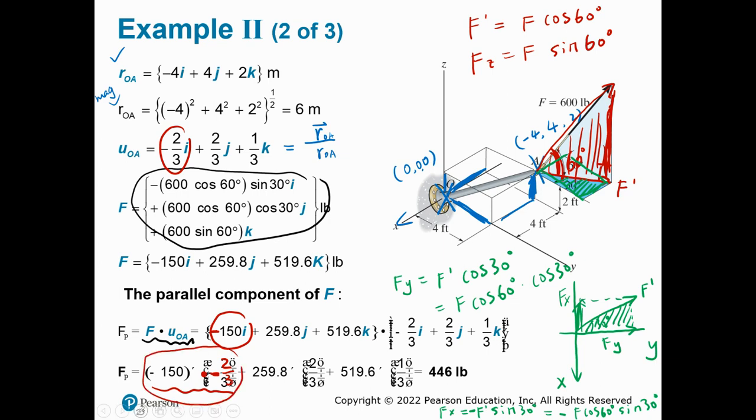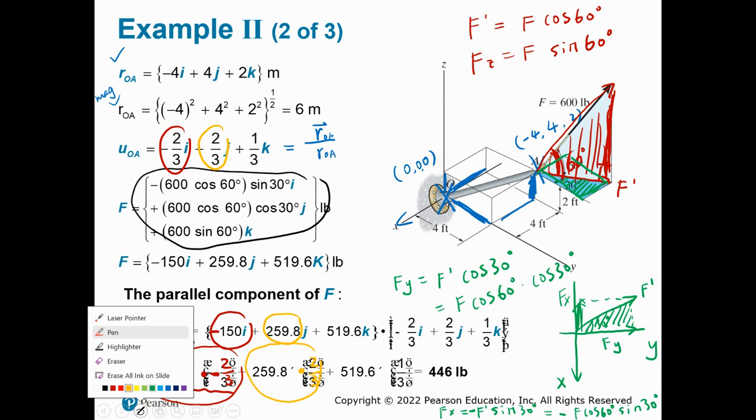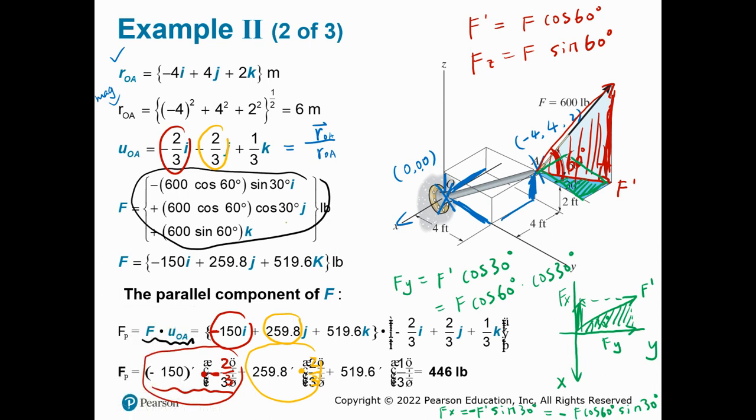And then J component, I'm going to go with orange. You have 259.8, and that's the J component. This is 259.8 times 2 over 3, and that's my J component. And similarly, we are going to do our K component, which you have negative 519 and then 1/3.